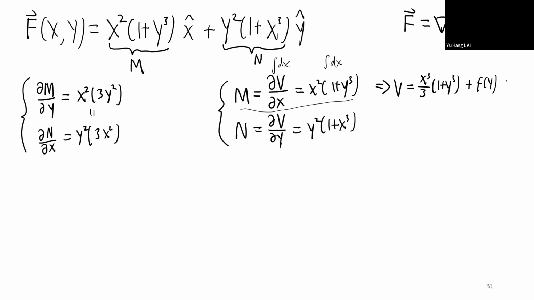Also, if I add some constant, the partial derivative goes away. So from this first component, you can conclude that v is given by this plus some unknown function in y plus some unknown constant.